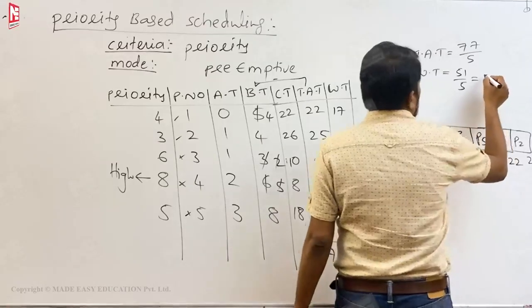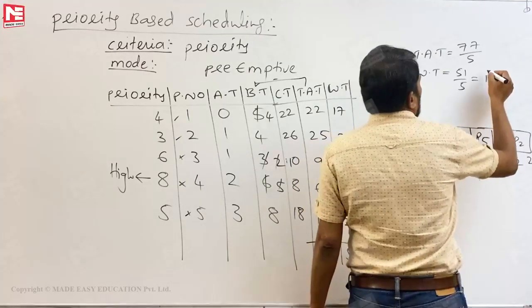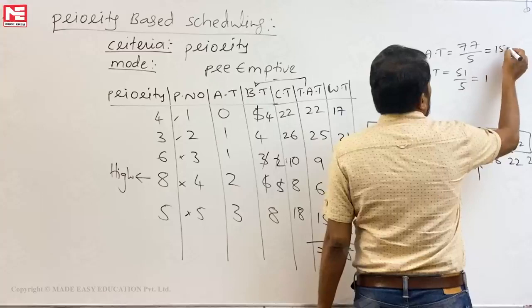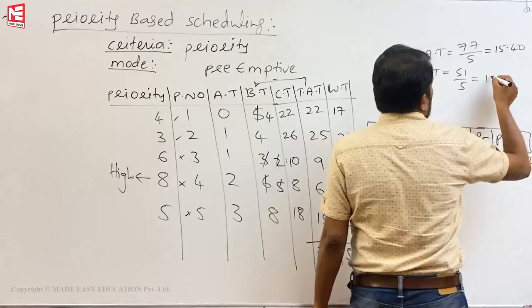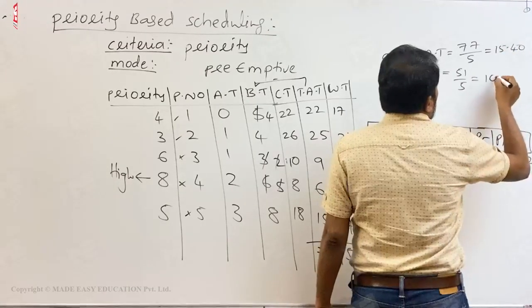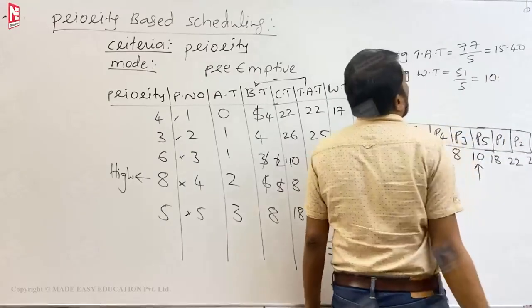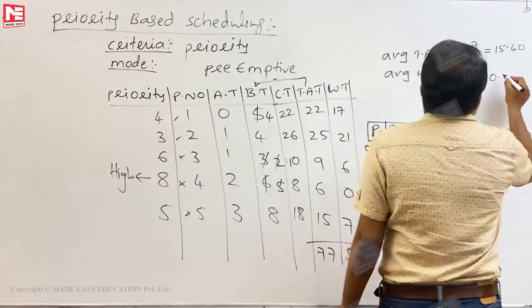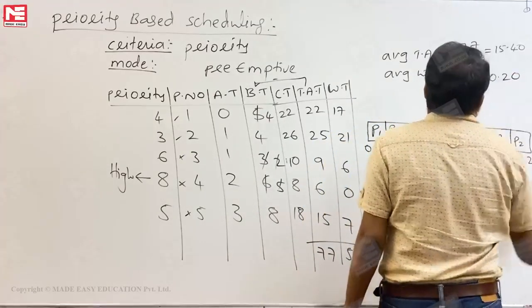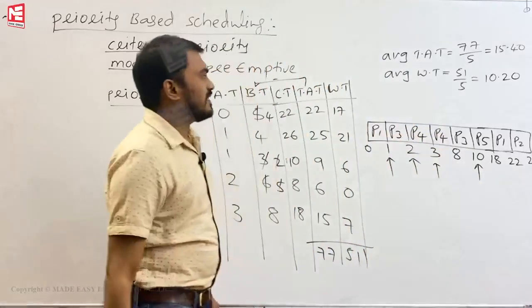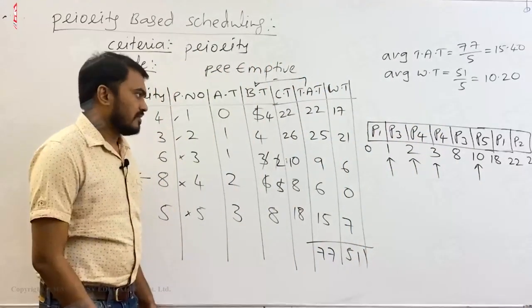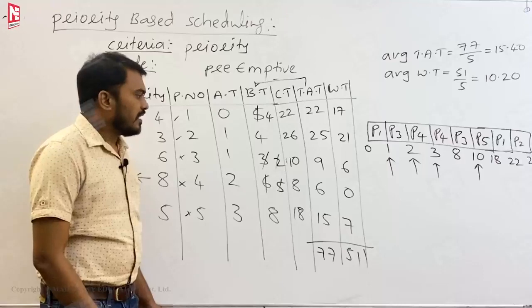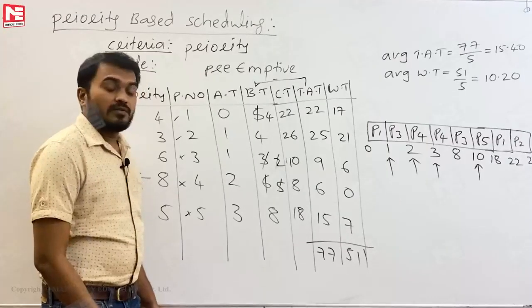So this is how much here? This is 15.40 and this one 10.20. Correct? So any calculation, please check it, verify once again. Okay, right. So this is how you solve the problem.